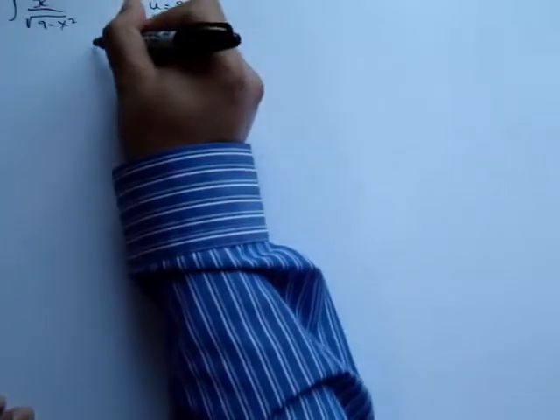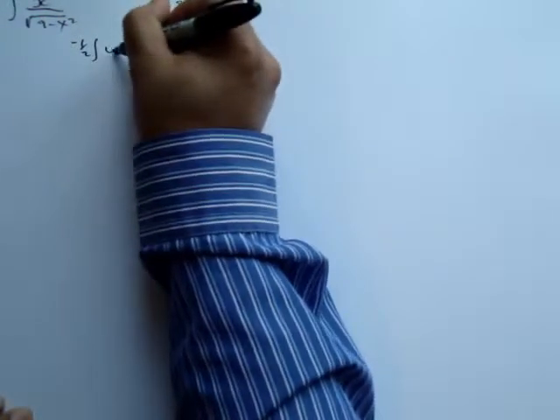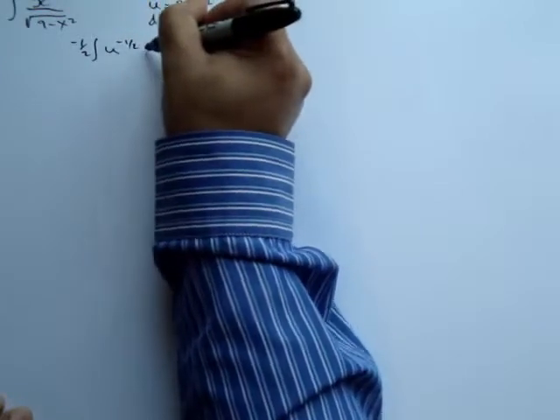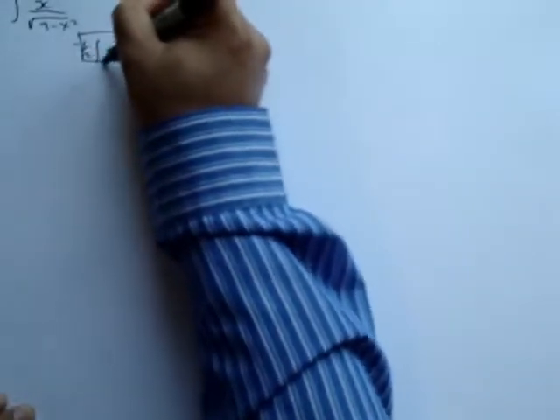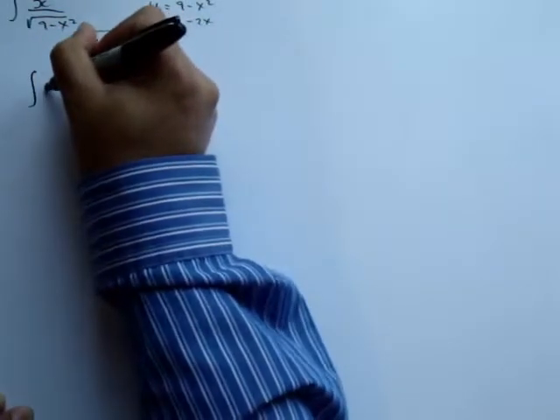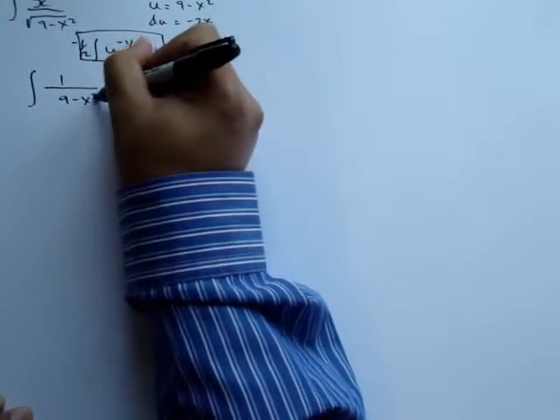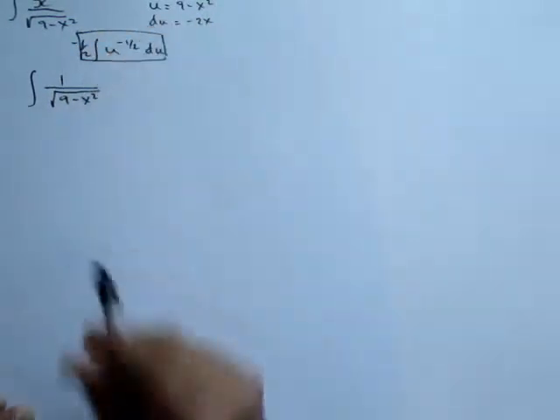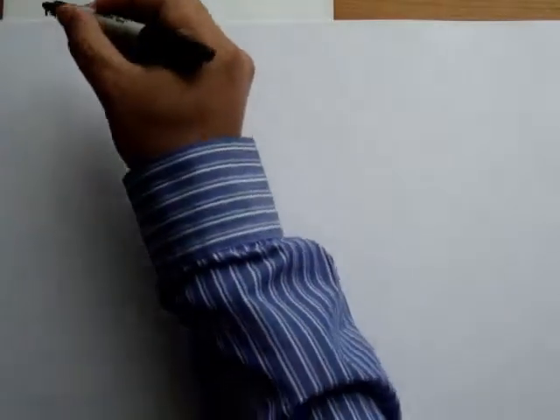The integral would be minus a half u to the minus a half du, which is easier than doing trig substitution. However, if you were faced with the integral 1 over 9 minus x squared, you would need to use trig substitution.